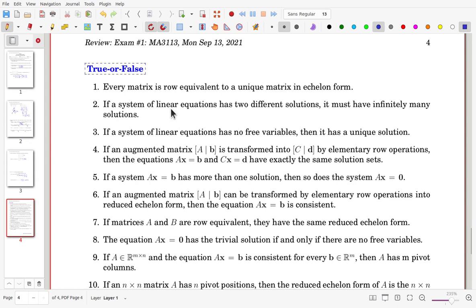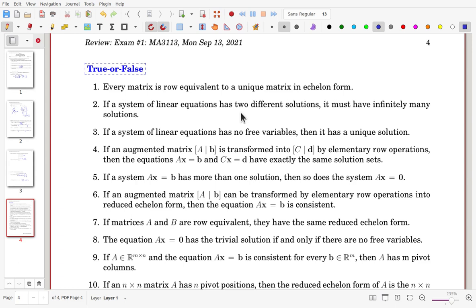If a system of linear equations has 2 different solutions, it must have infinitely many solutions. Is it true? It must be true. Two different solutions means that there must be at least one free variable. So eventually, the number of solutions must be infinite.